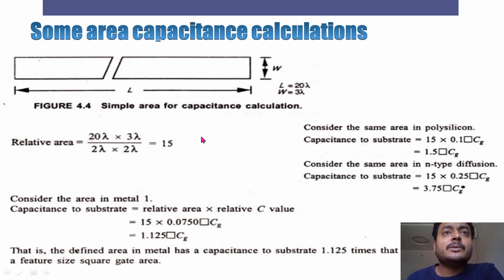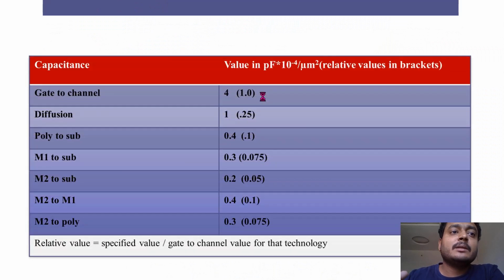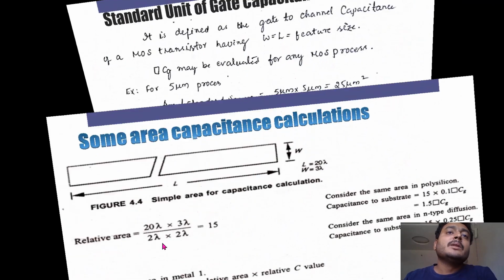From the previous slide, the relative value equals the specified value divided by the gate to channel value of that technology.